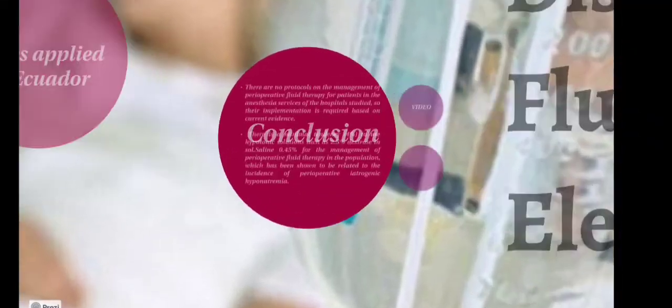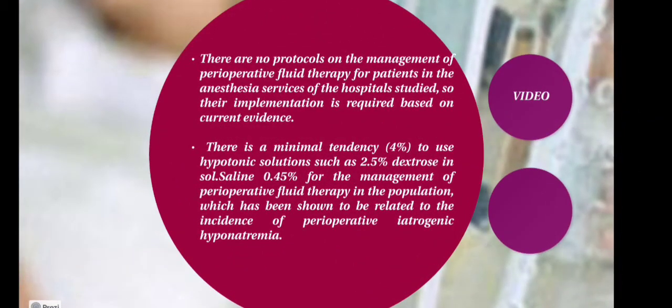Conclusion. There are no protocols on the management of perioperative fluid therapy for patients in the anesthesia service for the hospital institute, so their implementation is required based on the current evidence.